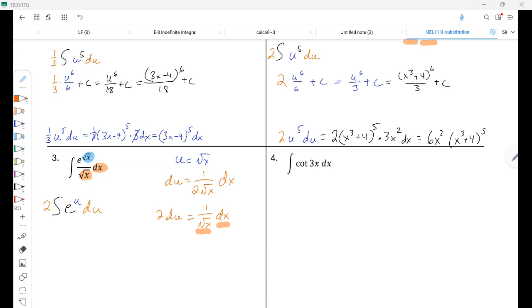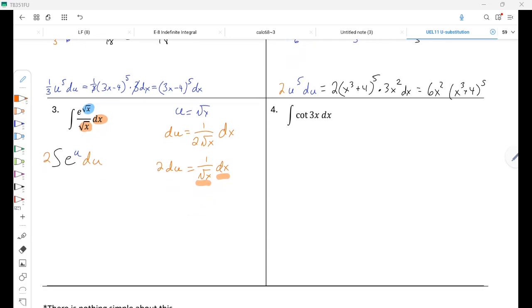Before we actually integrate, let's go down to that bottom step where I check it. 2 e to the u du is equal to 2 e to the square root x, because u is the square root of x, times du, which is 1 over 2 square root x dx. My 2's cancel. My e to the square root of x slides up into the numerator.